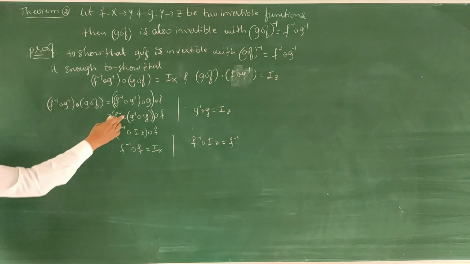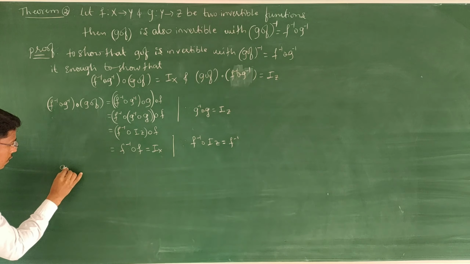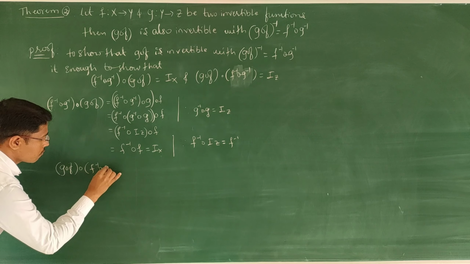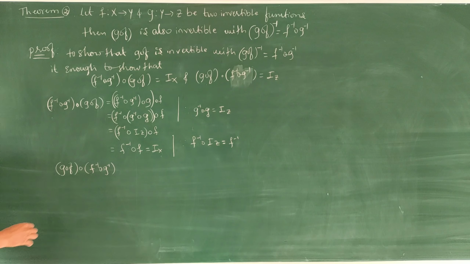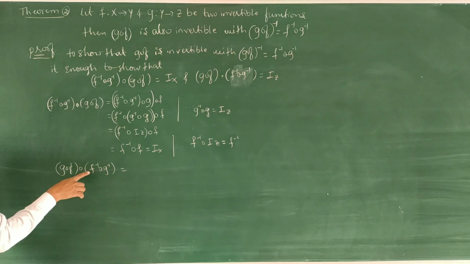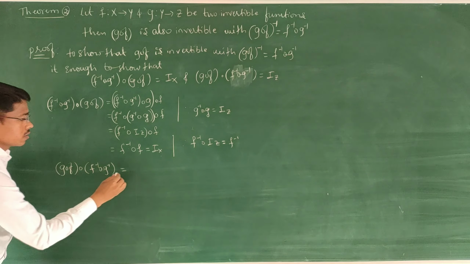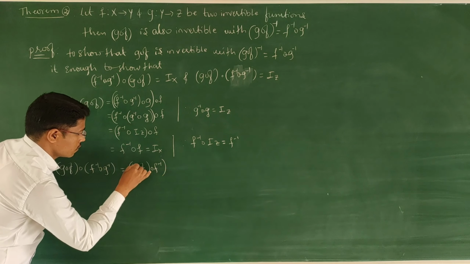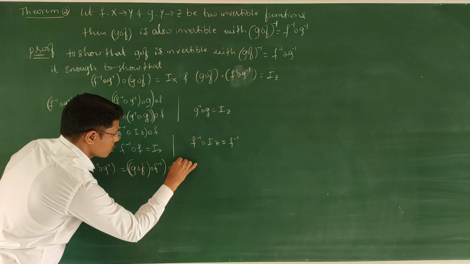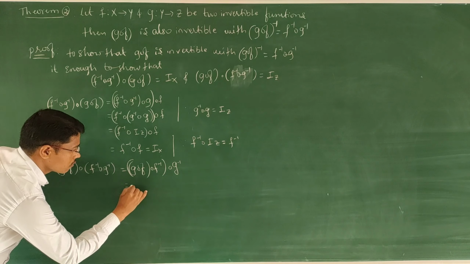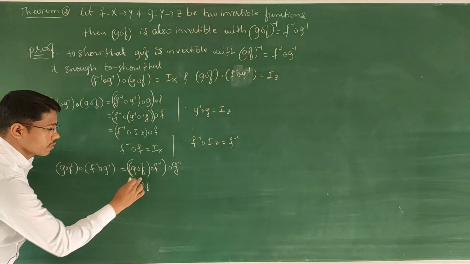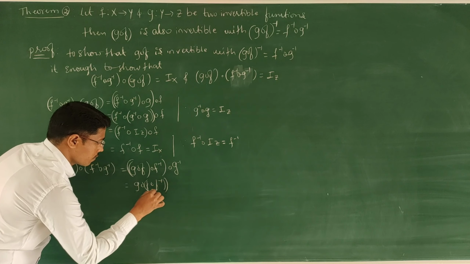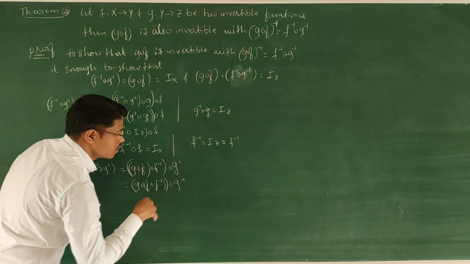Okay, now take this one, g composition f composition f inverse composition g inverse. Take this out of the bracket: g composition f composition f inverse bracket composition g inverse. This is equal to g composition f composition f inverse, make these two a bracket, composition g inverse.